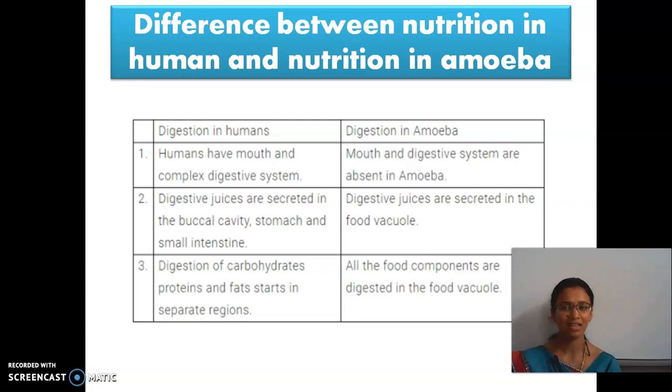And then digestion in humans, various juices are secreted. Digestive juices are secreted in the buccal cavity, in the stomach and also in the small intestine. But in amoeba, digestive juices are secreted only by the food vacuole.